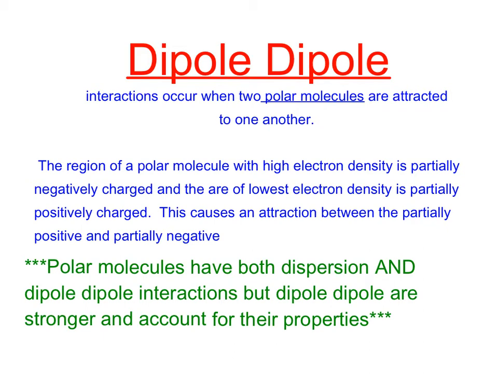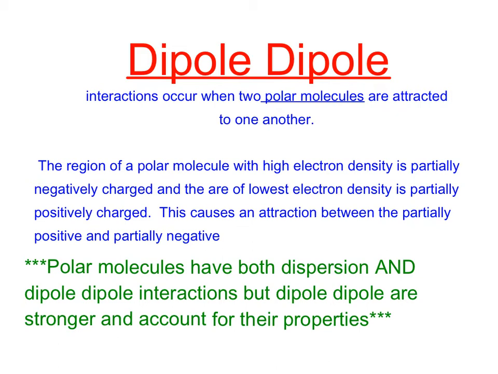And you get these big old daisy chains where a plus is attached to a minus on one guy, and that same guy's plus is attached to another negative, and that negative is attached to another positive, and that positive is attached to negative, and you get this big old chain of intermolecular force holding large groups of molecules together.